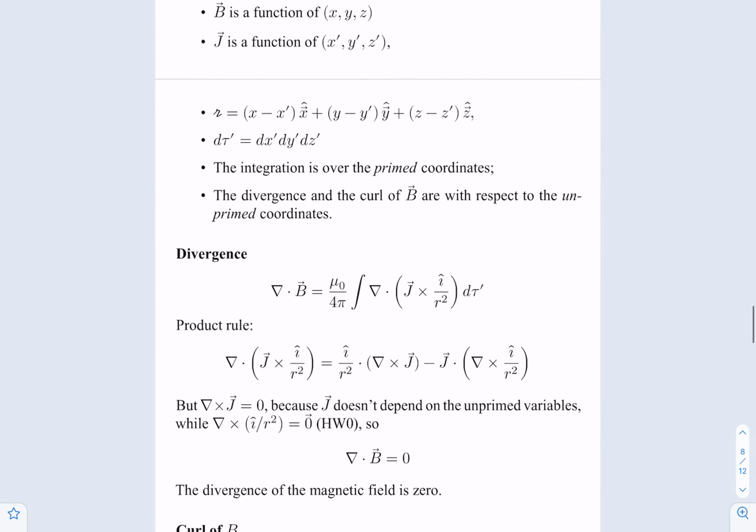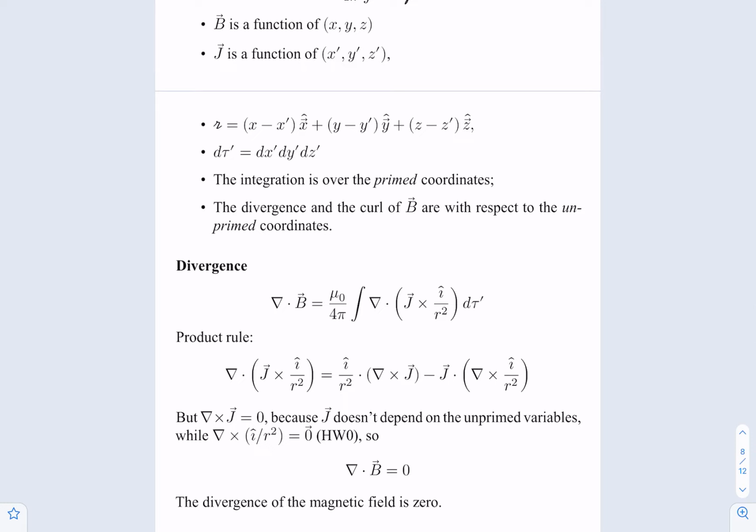Now we can try to calculate the divergence first. The del dot B can be simply evaluated by putting this del inside of this integral. Sorry, I may have put the wrong version.